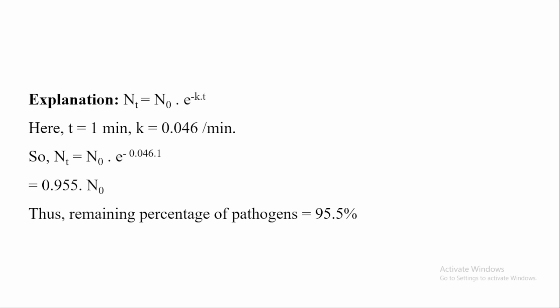So final Nt is basically 95.5% of N0. That is, if N0 is 100, then the removal will be 100 minus 95.5, that is 4.5. So 95.5 is the final answer, that is option number B. Okay, this is clear.